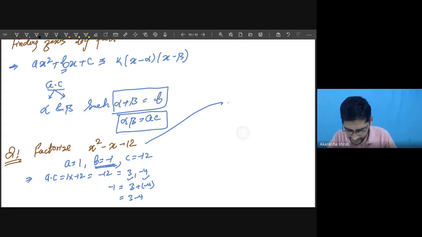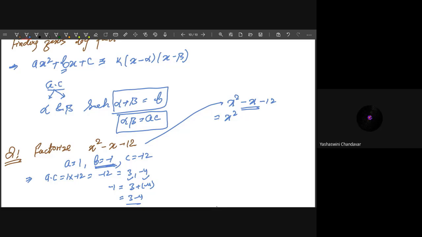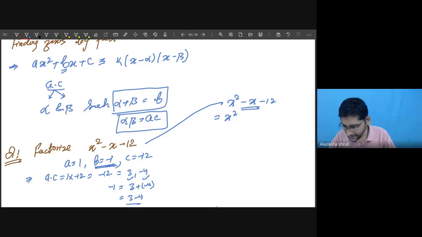Therefore, we are choosing the factorization like this: x square minus x minus 12. This minus x can be taken how, student? It simply means 3x minus 4x, that is plus 3x minus 4x, or minus 4x first plus 3x, both mean the same.